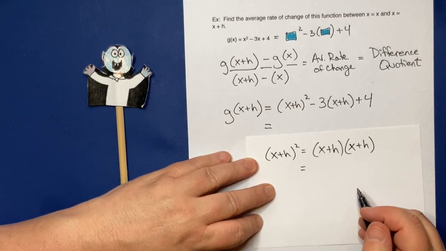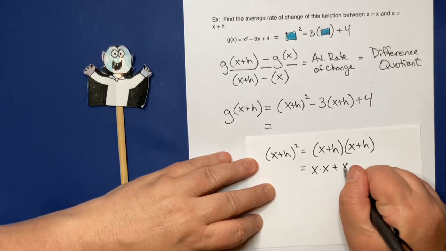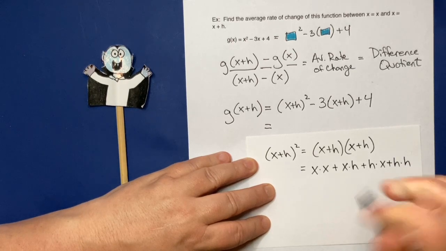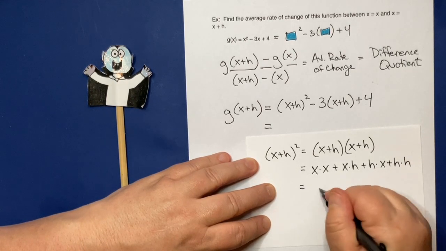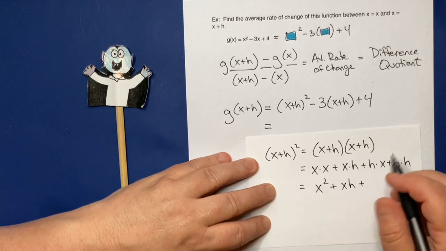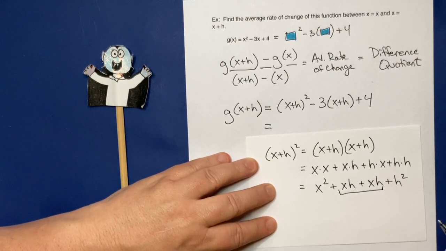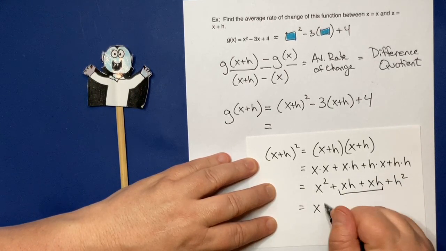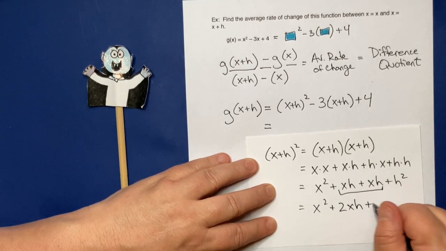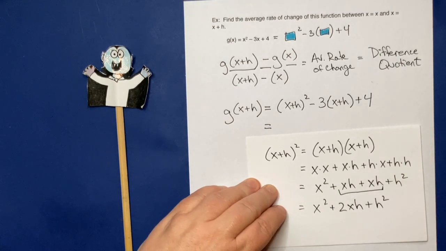So if we FOIL it, if you don't know the formula, x times x plus x times h plus h times x plus h times h. So then this is going to be x squared plus xh plus xh plus h squared. And remember that the middle term gets doubled because there are 2 of them, right? The O and the I match. And so we get our formula: x squared plus 2xh plus h squared.